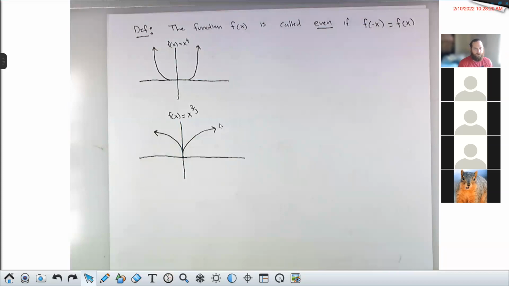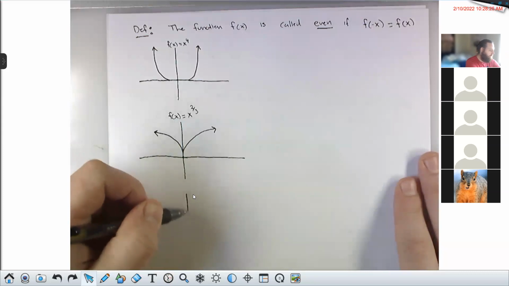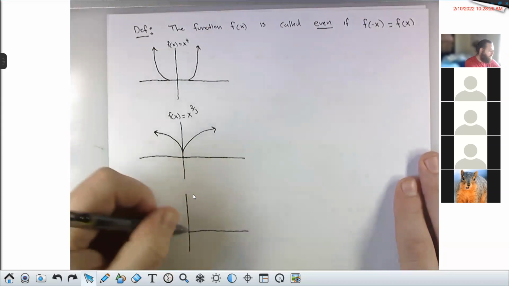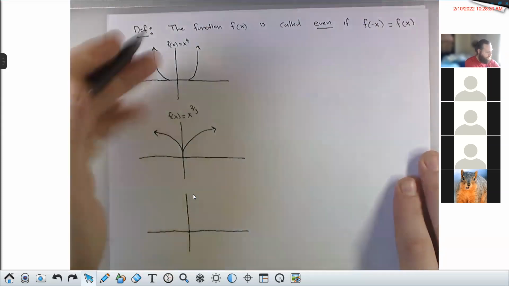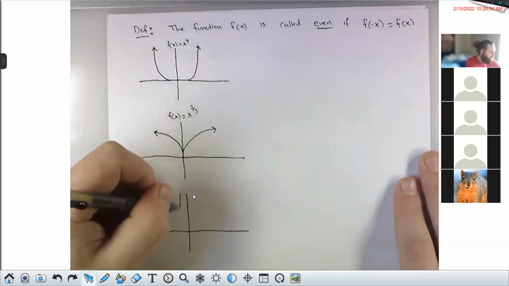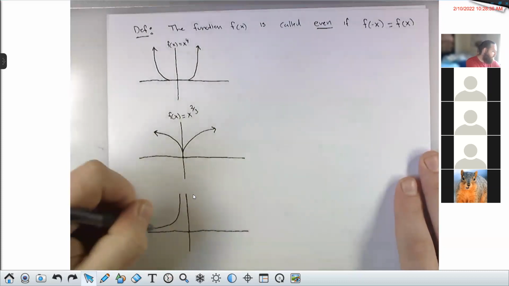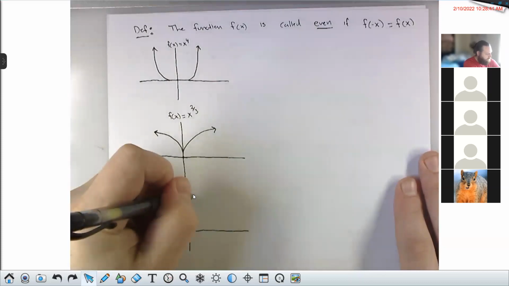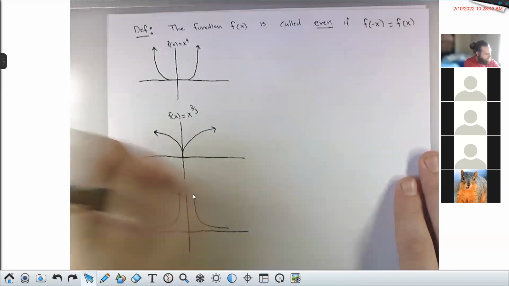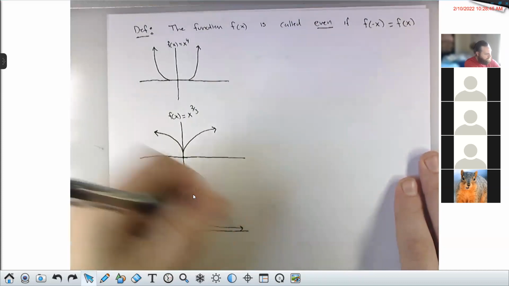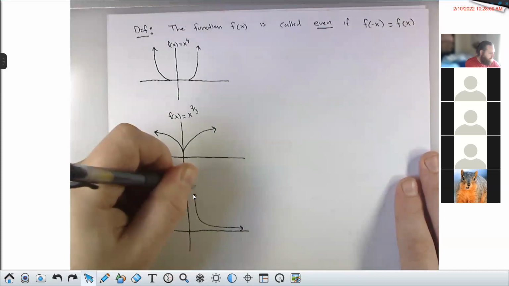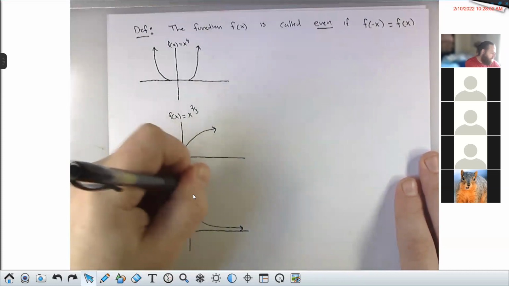It has that y-axis symmetry. Another power function that lives in this family of even functions is f of x equals 1 over x squared.